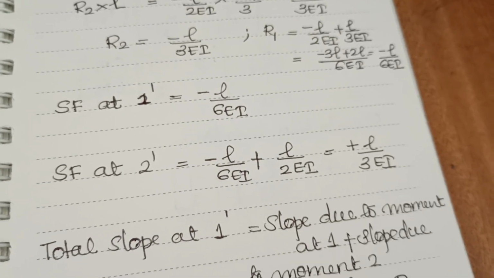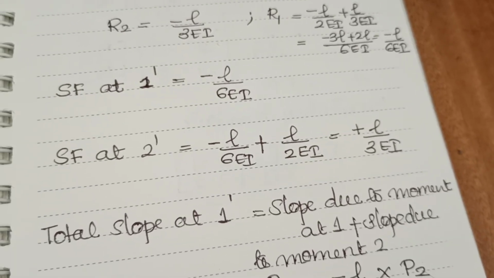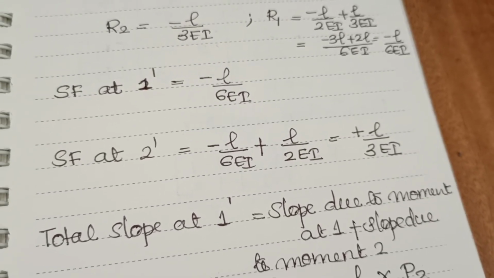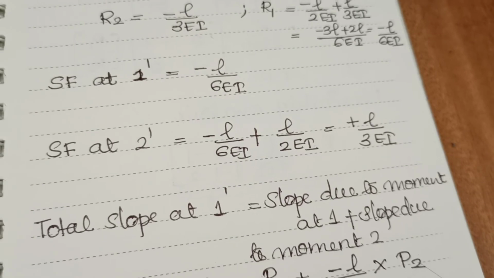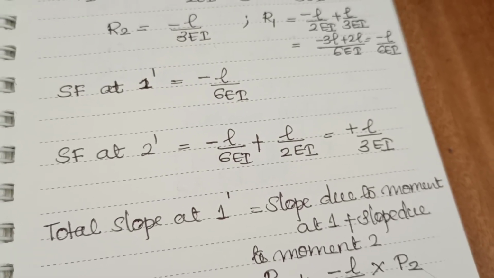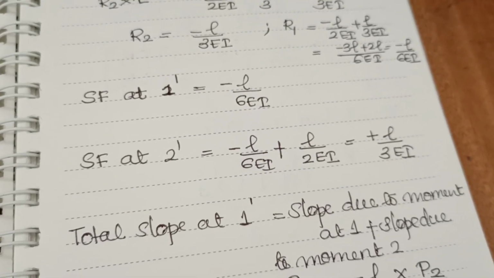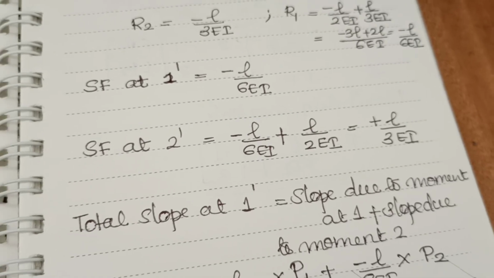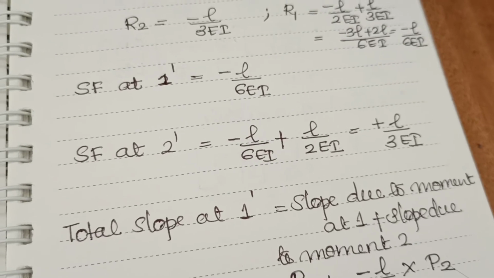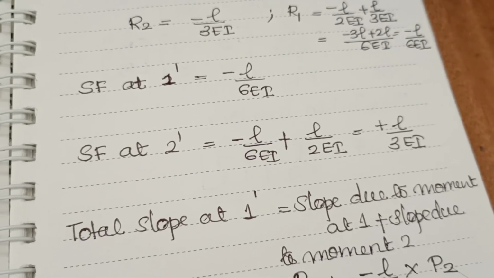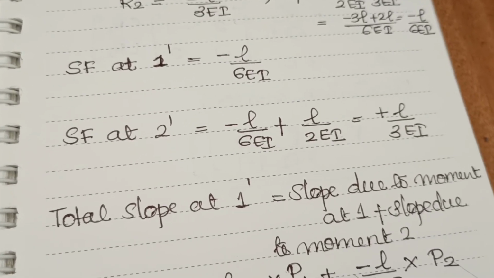Again, shear force at 2 dash. Here I am finding out the shear force from the left side and following the sign convention right up negative. Right up negative means left down also negative. That is, left upward is positive. Hence, R1 minus loading will give the shear force at 2 dash.